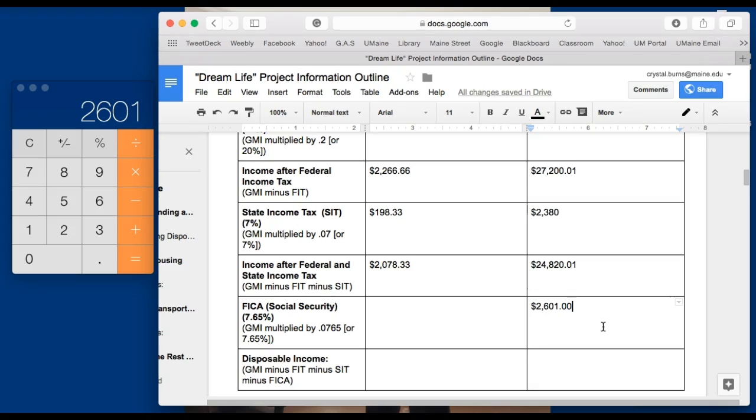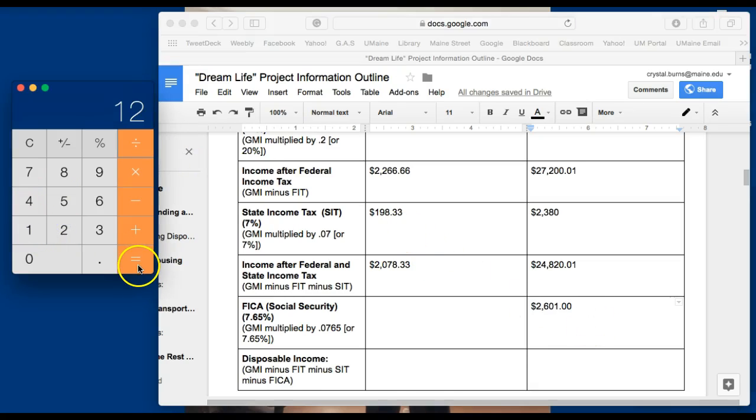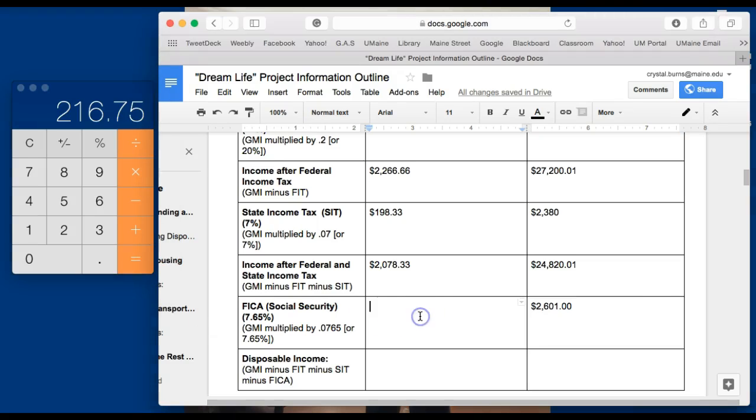Now, I could easily take this number and divide it by 12 to see what my monthly amount is for Social Security. So monthly, I'm going to pay $216.75. All right.